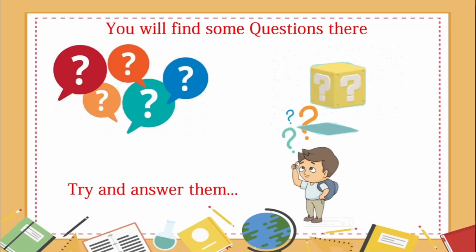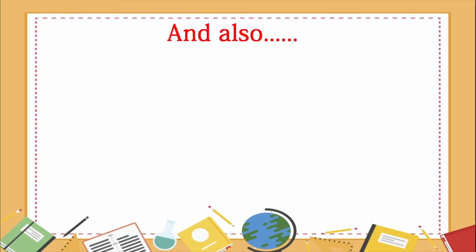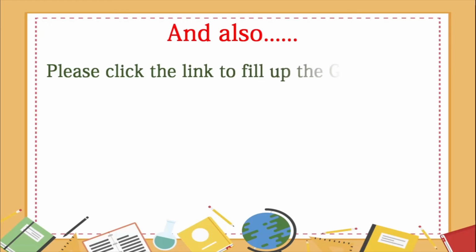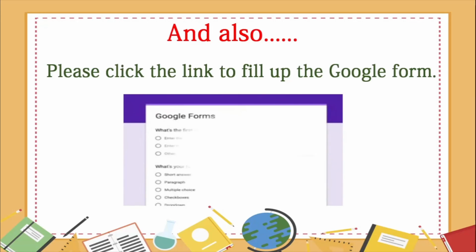After that, we have another task waiting. You will also click on the link which you will find in the description box to fill up the Google form. So now, what is the Google form, children? It is nothing but a simple form. There are a few simple questions there about the video which you just saw and also about yourself. So, these are the tasks now that you will have to complete after you watch each video.